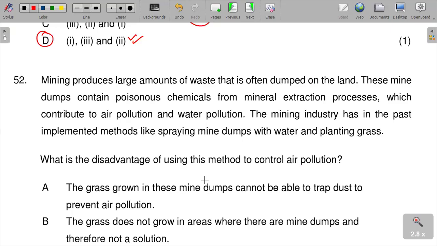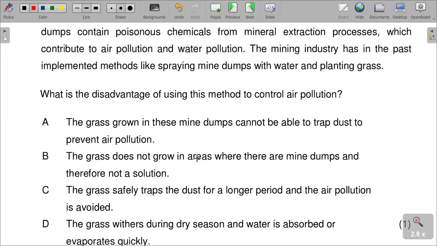What is the disadvantage of using this method to control air pollution? It's just to settle the dust. What is the disadvantage of spraying the mine dumps with water?